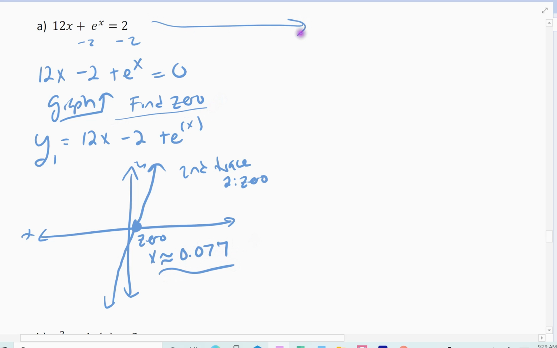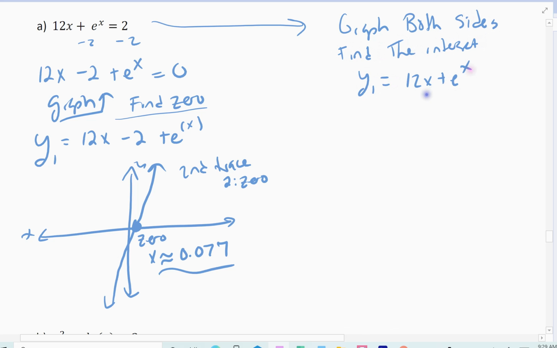There is an alternative method which the book talks about in this section and in some earlier sections, and that is you can use the intersect. So an alternative graphical method: I can get the same answer in different ways. You could graph both sides and find the intersect. So y1 would equal 12x plus e to the x, and y2 in your calculator would equal 2.